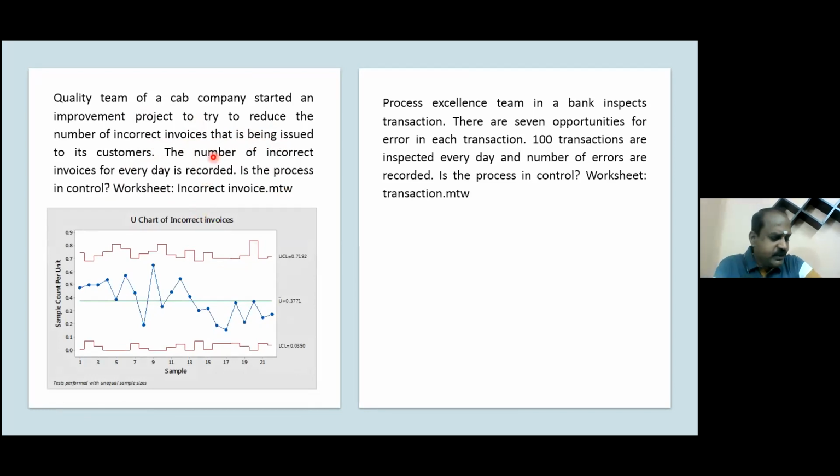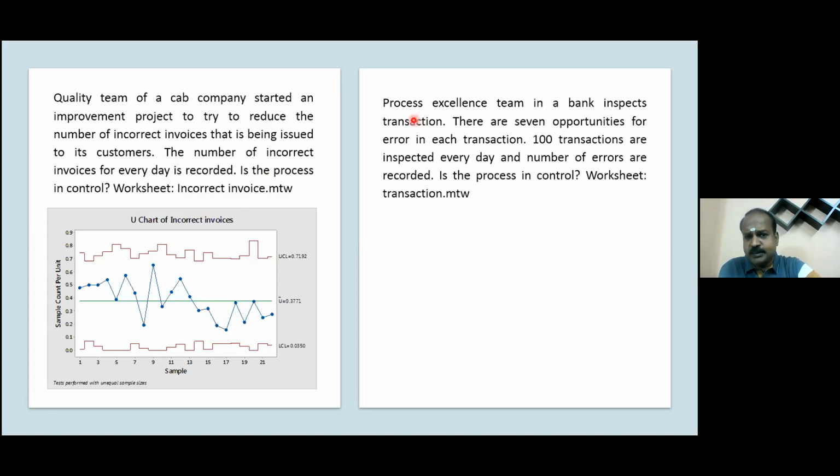Will it be fluctuating or will it be the same? For a cab company, the number of invoices will fluctuate, right? Since the invoices are not constant, you can understand the subgroup size is variable. And an incorrect invoice is a defect, right? So you can go for the U chart.